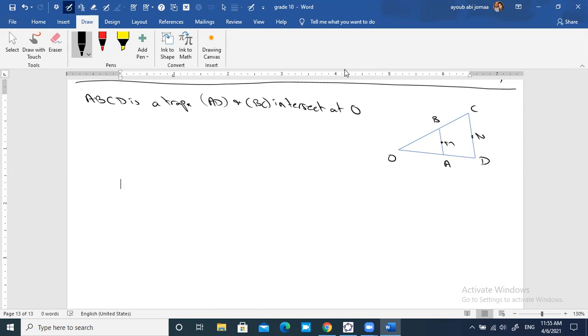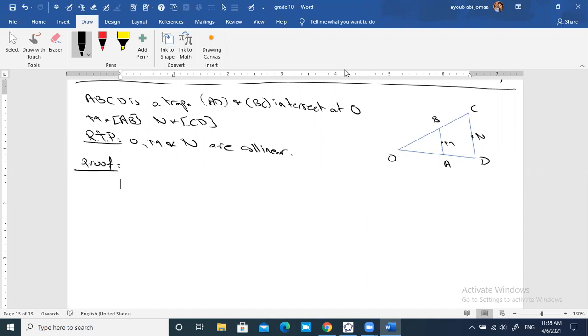You are given M the midpoint of AB and N the midpoint of CD, and required to prove that O, M, and N are collinear.